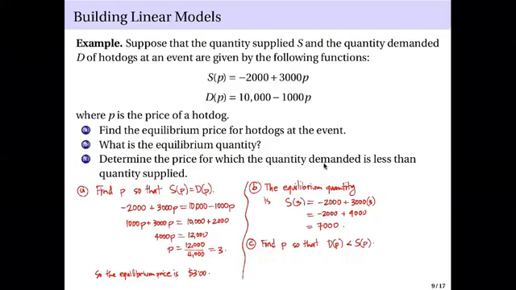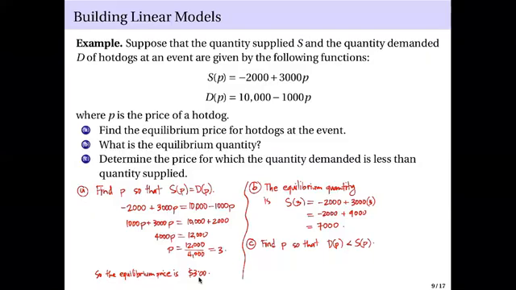Quantity demanded will be less than the quantity supplied, which means the demand will be less, which means you need a higher price. So that is our expectation. Our price must be greater than 3.